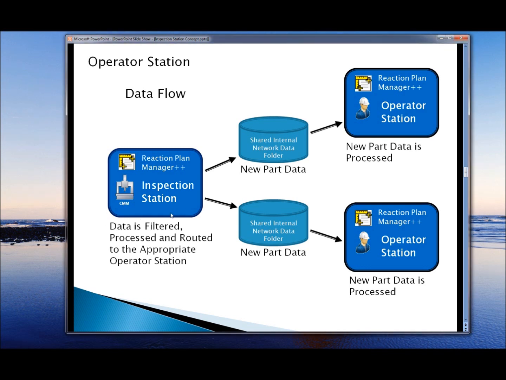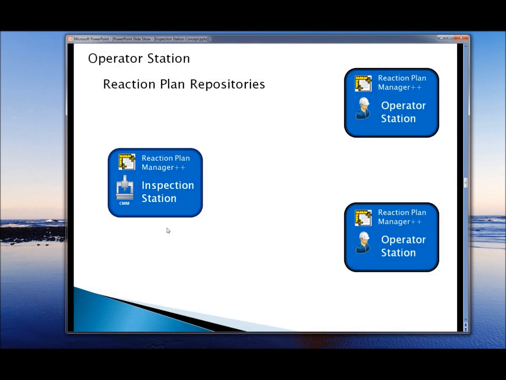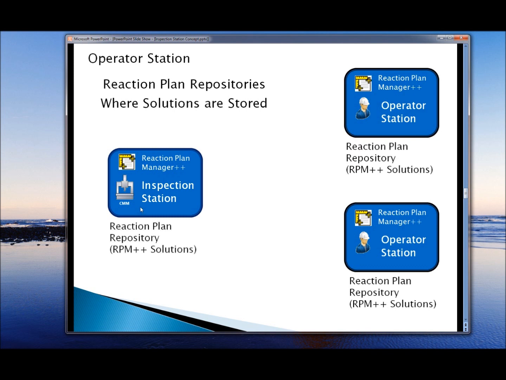Now that you understand how the data flows from the inspection station to the operator stations, let's spend a little time talking about the solutions. A reaction plan repository is where the solutions are stored. Each copy of Reaction Plan Manager++ has its own reaction plan repository.